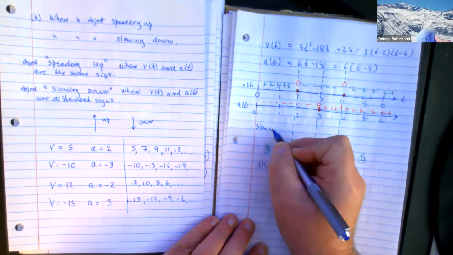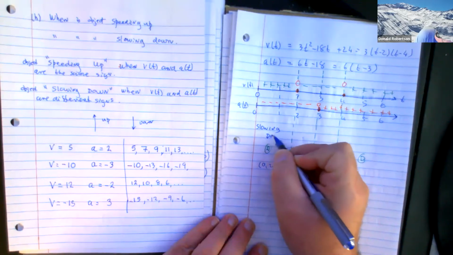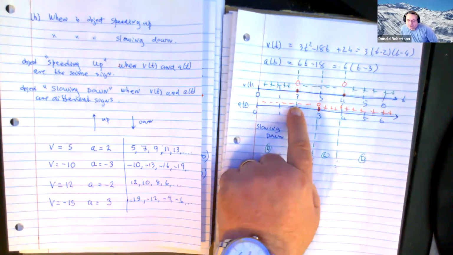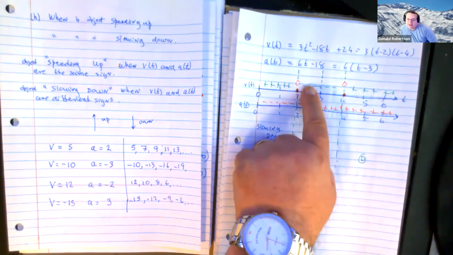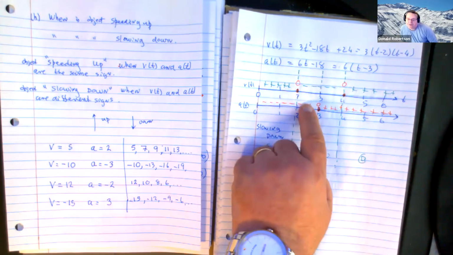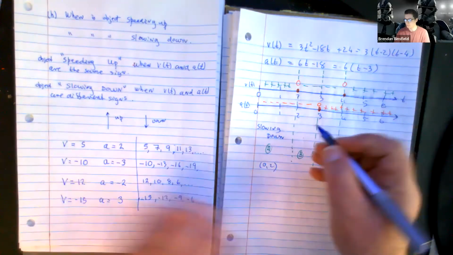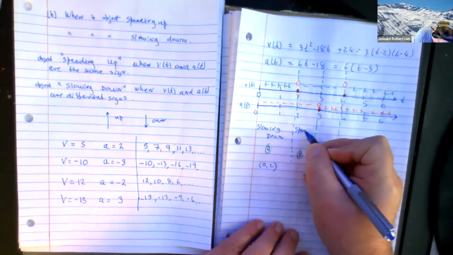If it's one of each, it's slowing down. Okay, what about region B? From the 2 second mark to the 3 second mark, isn't the velocity negative and the acceleration negative? Speeding up or slowing down now? What's happening in region B? Speeding up. Yeah, if they're both the same, speeding up.